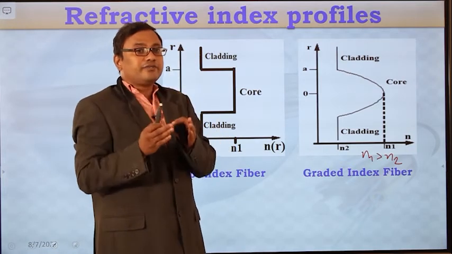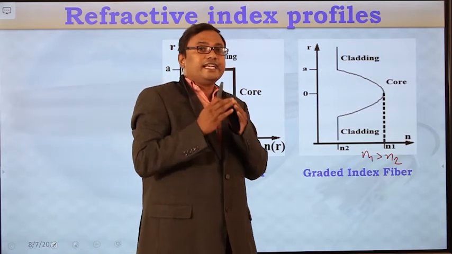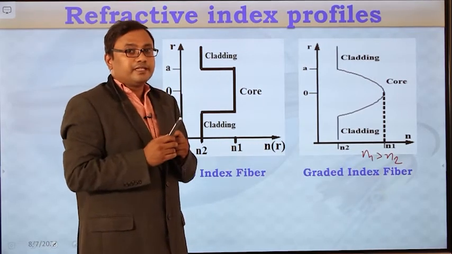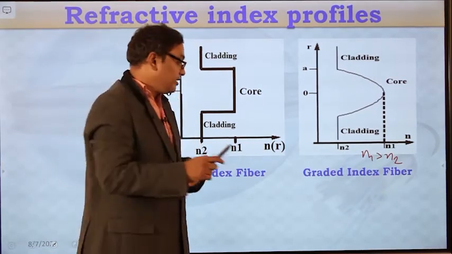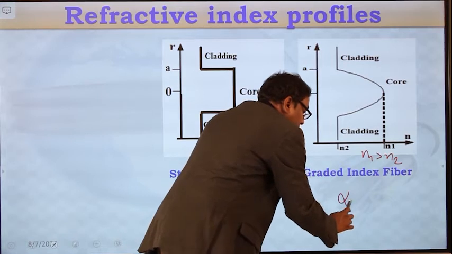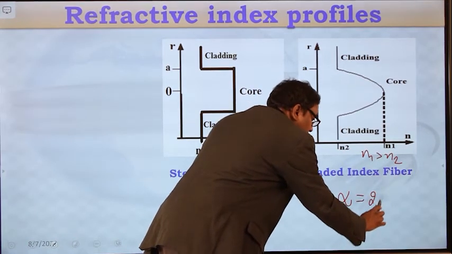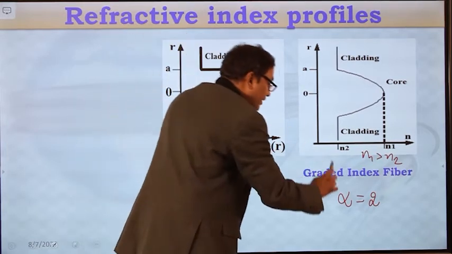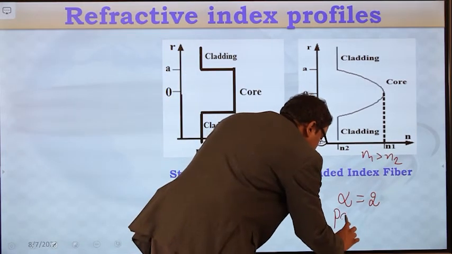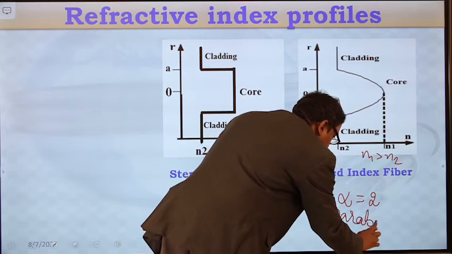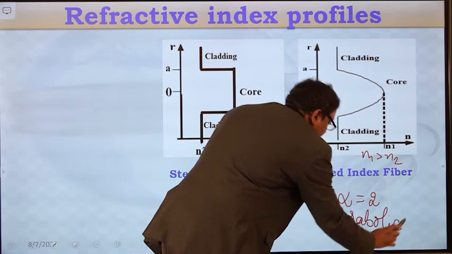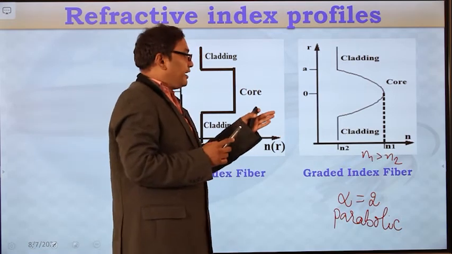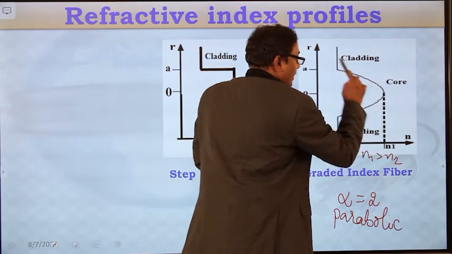The shape of the refractive index profile depends on the alpha profile function. If alpha is equal to 2, this graded index fiber will give the best performance, and alpha equal to 2 represents the parabolic profile. So whatever refractive index profile you are observing here is the parabolic profile.